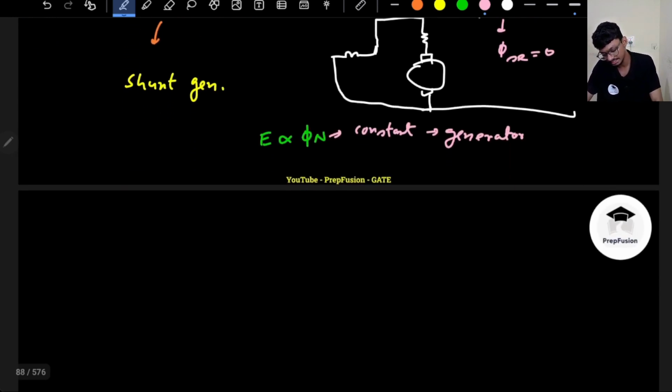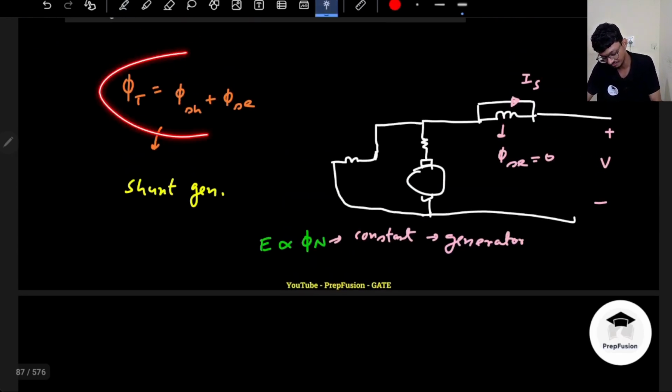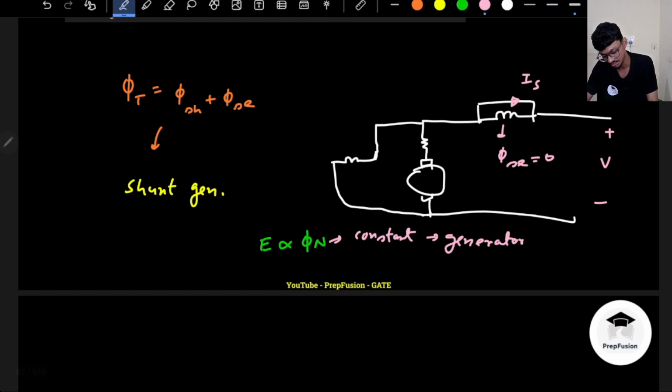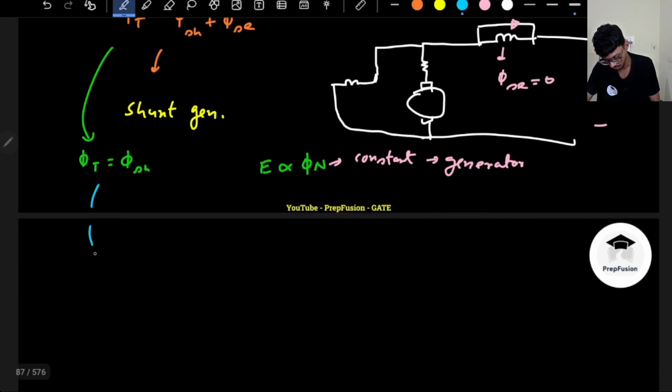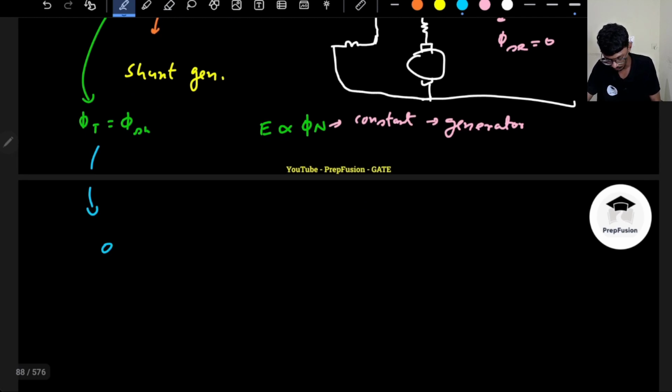So I see that the overall flux, previously phi AC plus phi SH, phi T, has now changed to phi SH only. So of course the overall flux has reduced.